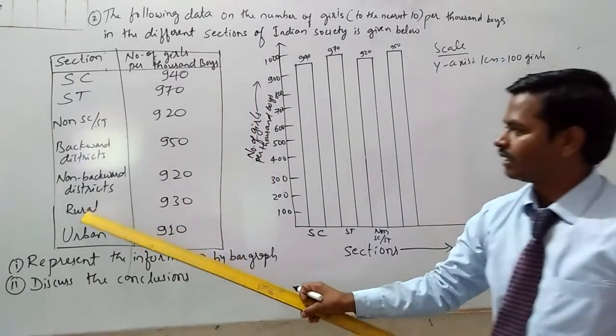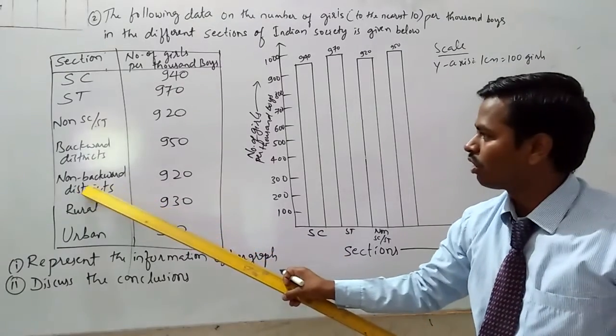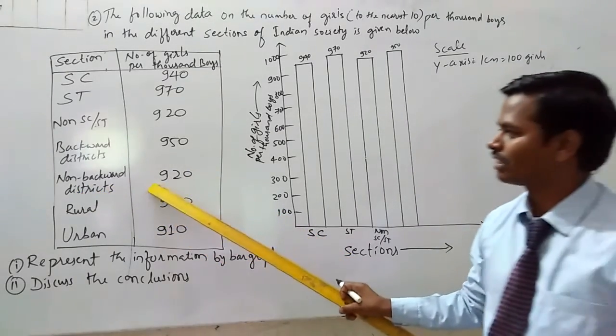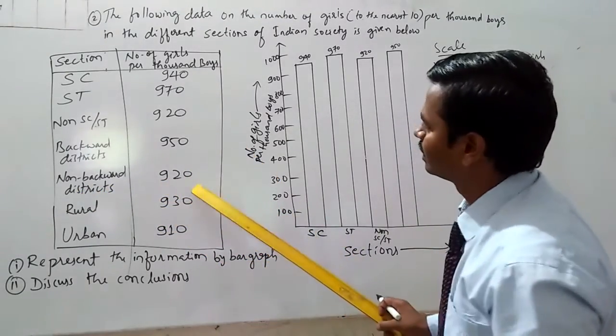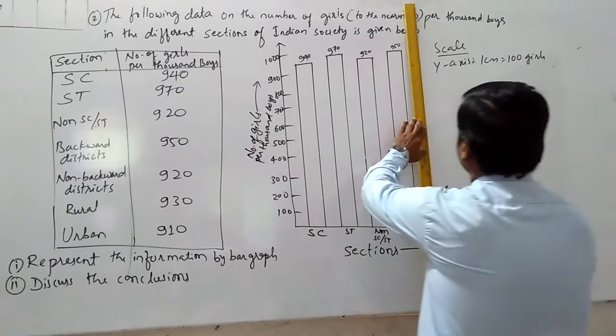Next, the number of girls in non-backward districts is 920. Here also 920.